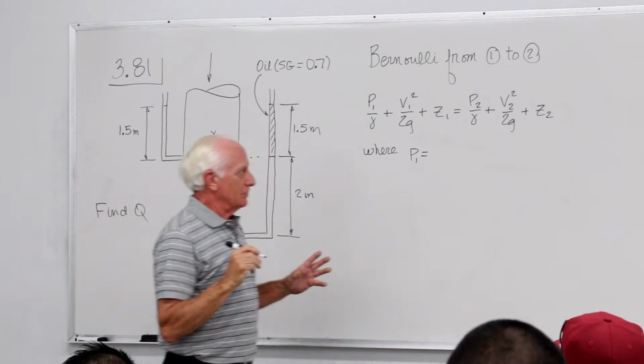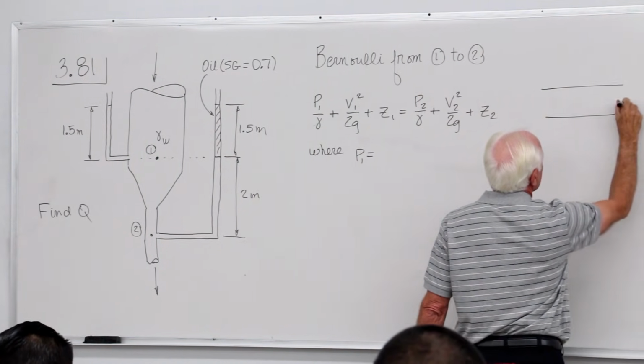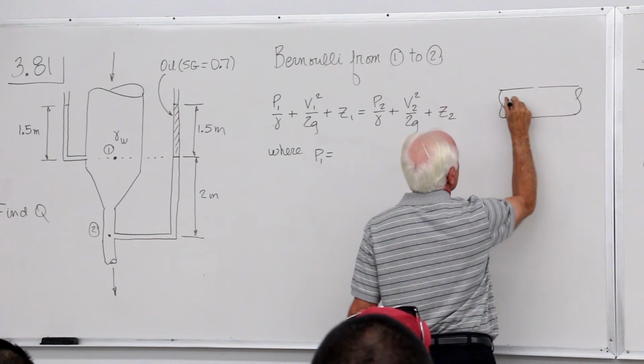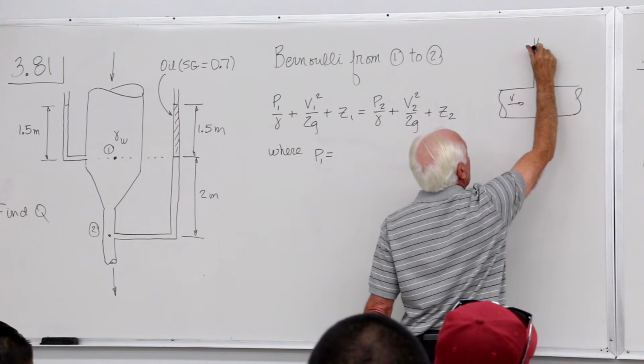This goes back to our chapter 2, where we had a pipe like this with a velocity here, and we attached this glass tube up to here.